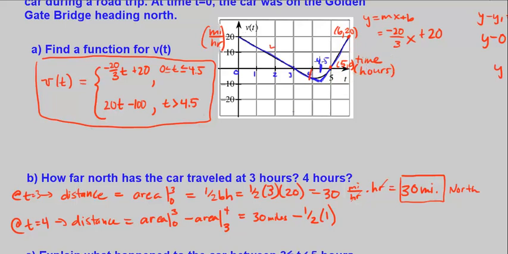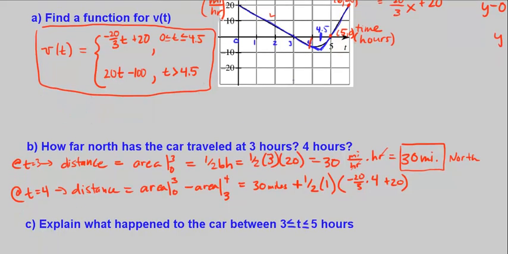The height here is basically when we plug in 4 into the equation, negative 20 over 3 times 4 plus 20, right? So that is the area of the second triangle. I'm going to add it because I already put a negative 20 right there, because the negative 20 represents the negative value down here. Okay?